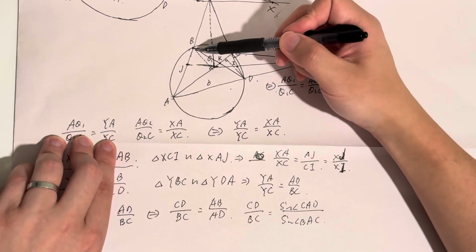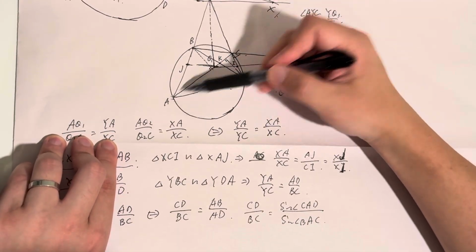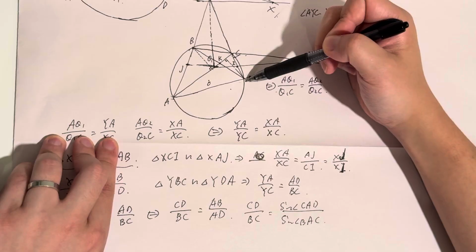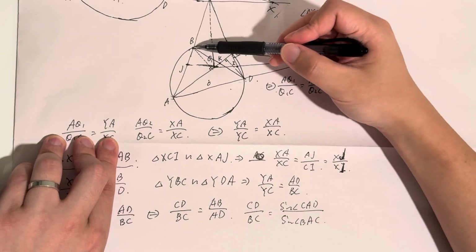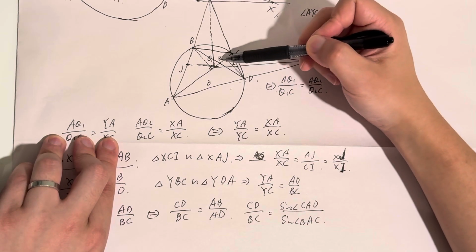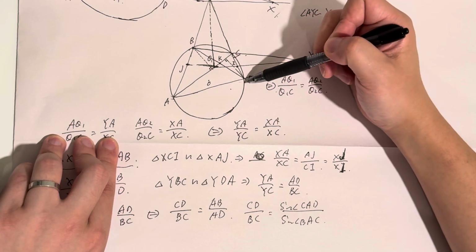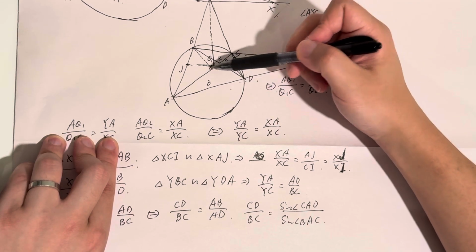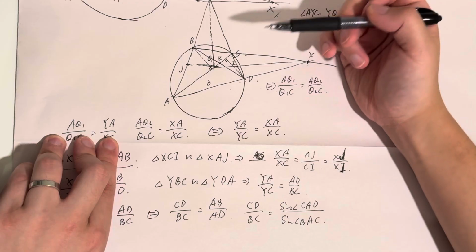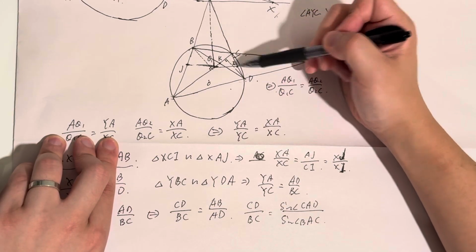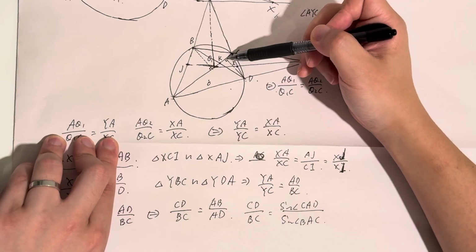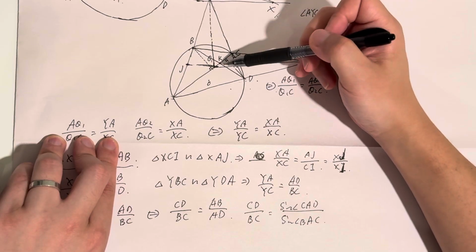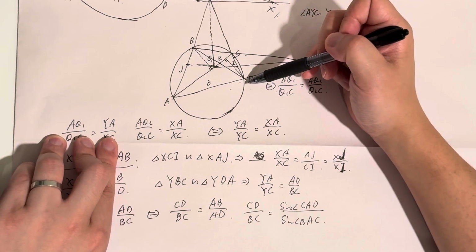Because the altitude from B to AC equals the altitude from D to AC, it's very easy to prove that BK equals KD. K is the midpoint of BD, right? Because these two are right triangles, similar right triangles, and also the altitudes are the same. So these two triangles are congruent. That means BK equals KD, right? So K is the midpoint of BD.